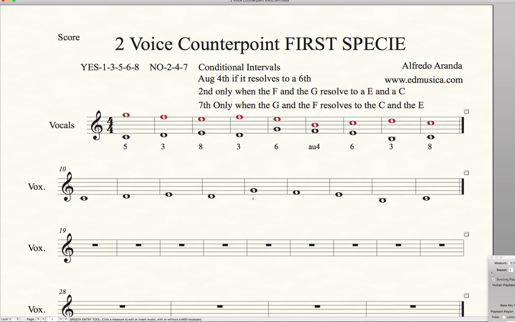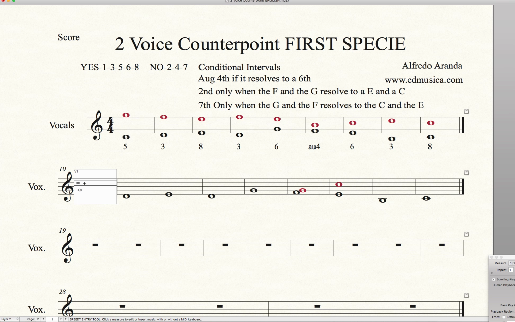And then I want to start by adding, I'm going to write a second right here. And then this is going to go to a C. All right. And the rest of it is going to be almost the same.